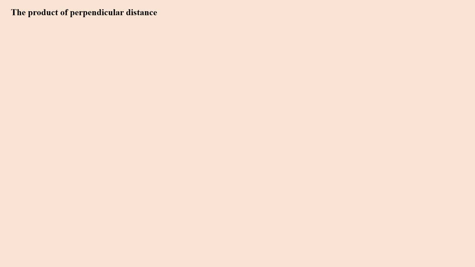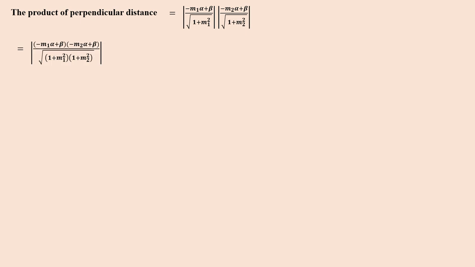So the product of perpendicular distances, we are multiplying both. So we will get minus m1 alpha plus beta by root of 1 plus m1 square into minus m2 alpha plus beta by root of 1 plus m2 square. Multiplying the numerator: minus m1 alpha into minus m2 alpha, m1 m2 alpha square.